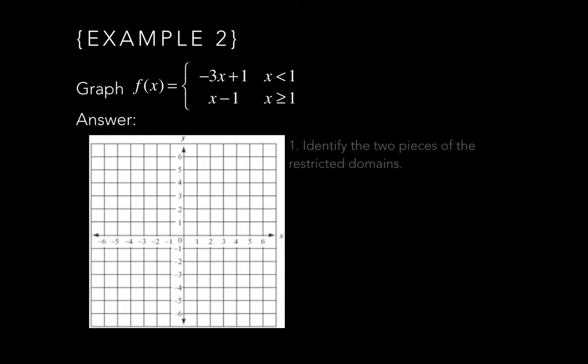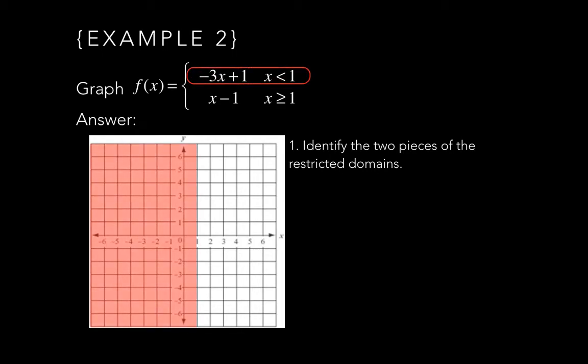To graph this function, the first thing we need to do is identify the two pieces of our domains. And this is how I have found it to be most easy, I guess. I will designate x values less than 1 with red, and I have shaded that section on my graph in red so that the piece of the graph that is to be less than 1 is made clear to me.